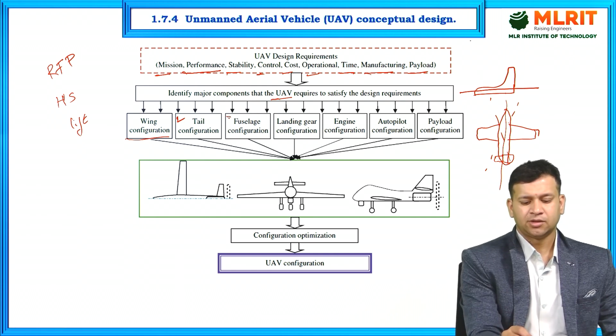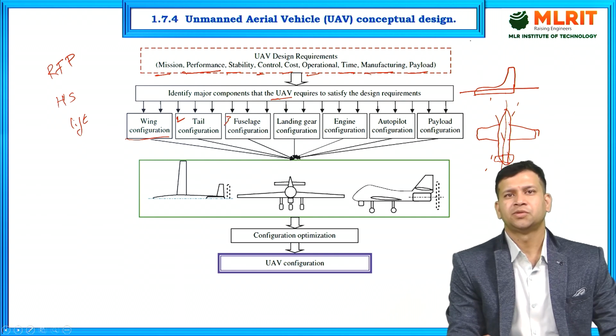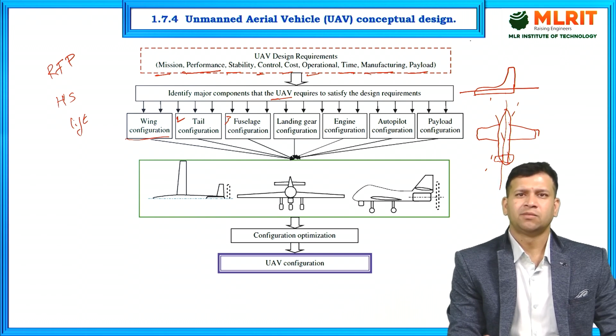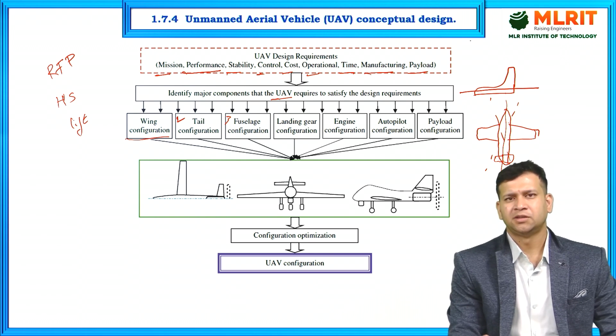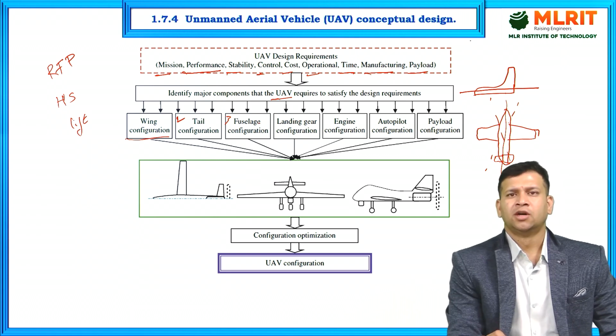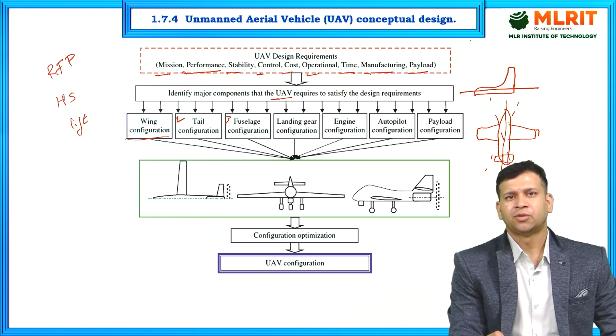Then the third major component we have is fuselage configuration, because it decides the amount of payload which it can accommodate. There are various payloads which an unmanned air vehicle is supposed to carry, for example, the equipment and devices, autopilot system, and even a small cabin pressurization system to ensure that equipment is not overheated.